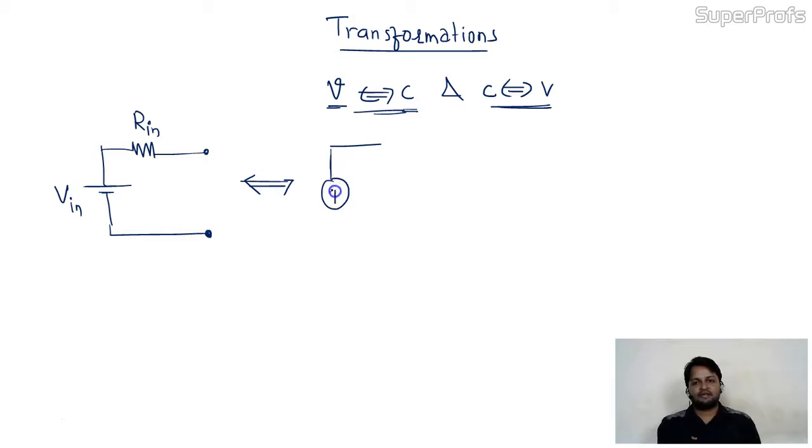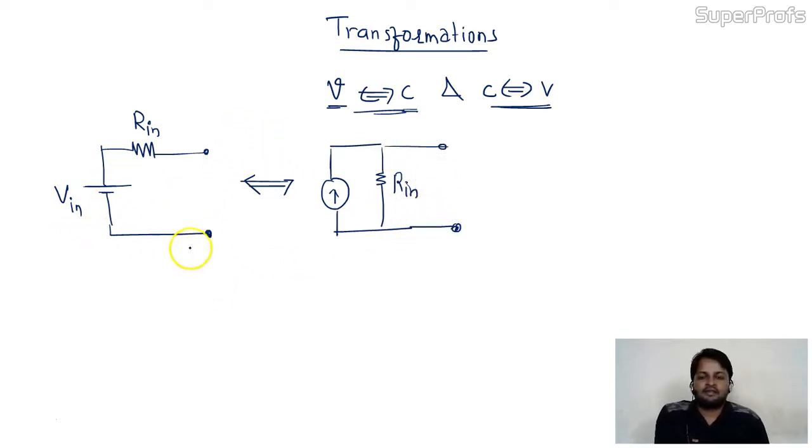What is the circuit for current? A parallel connected resistance will always be there with the current source. This voltage is transformed into current. The same Rin is here in parallel with current I.